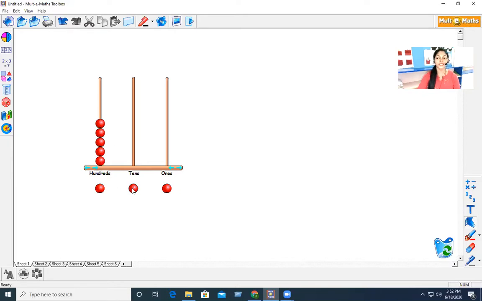Now in the tens place, you will count in tens: 10, 20, 30. And here this is the ones place, so you will count it once: 1, 2. Now quickly be ready with your answer.